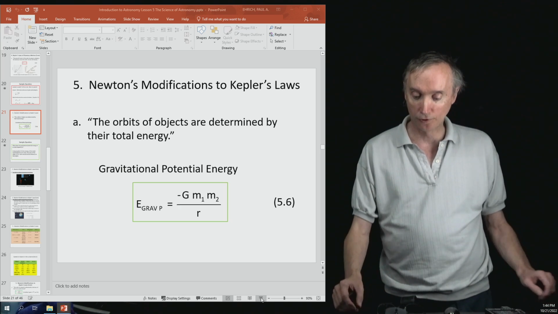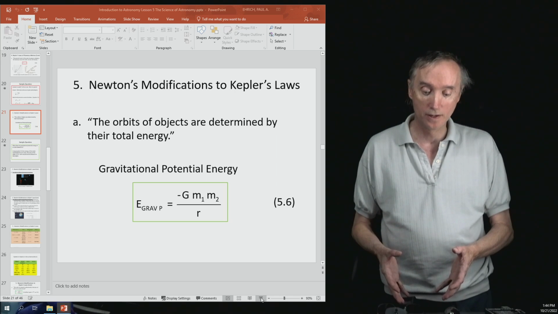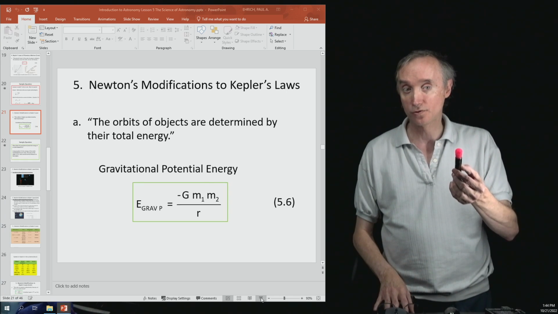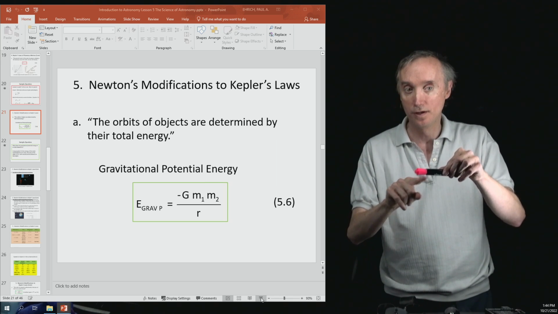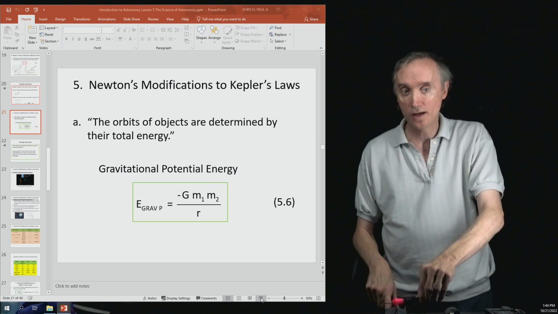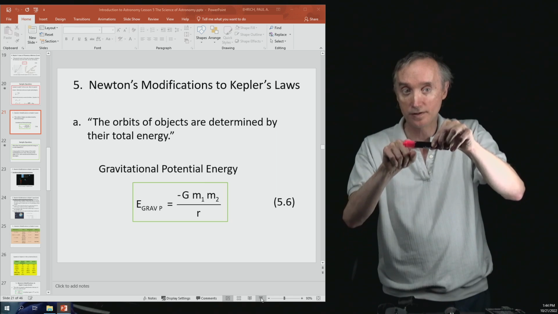So for example, Earth would be mass number 1. And then let's say that this pen is mass number 2. And then r would be the distance from this pen to the center of the Earth. Okay, and so it would take a certain amount of energy to raise this thing because it has a certain mass.